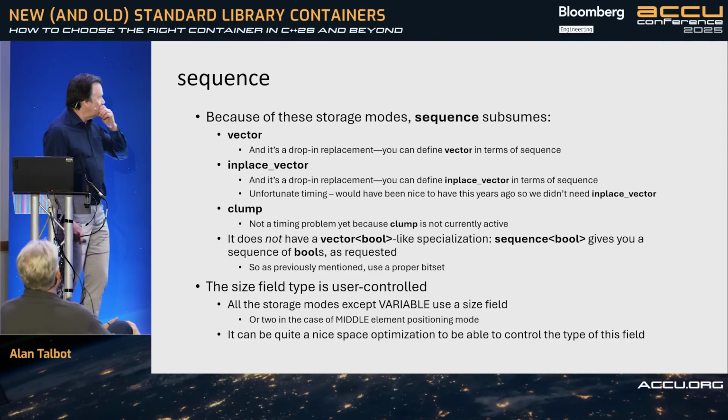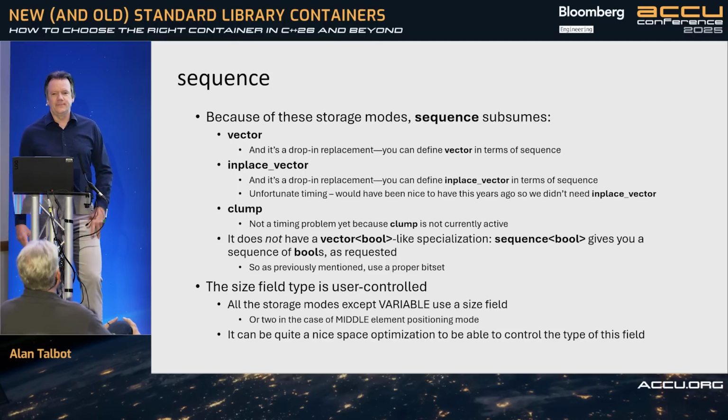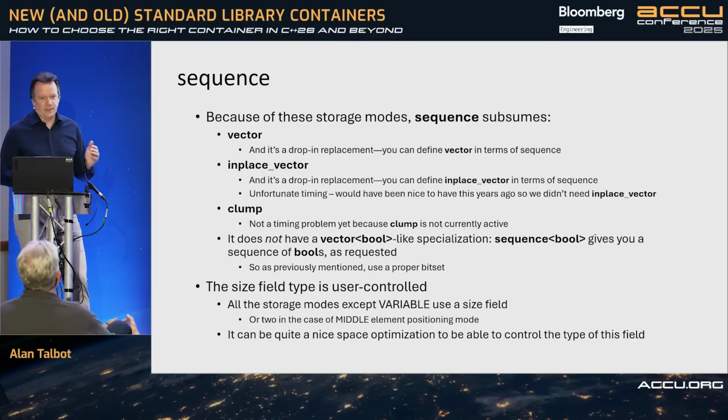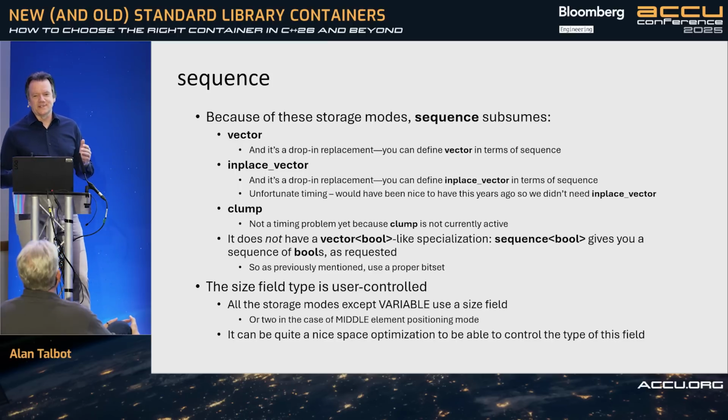It has this other thing. You can adjust the size type. This is kind of nice. Now, this can be done automatically. Actually, the in-place vector that I was looking at did this automatically. But I think it's kind of nice for the user to be able to do this, because you might want your size, let's say you're only going to be putting 31 things into your container, you want to use a size of 1 byte, right?